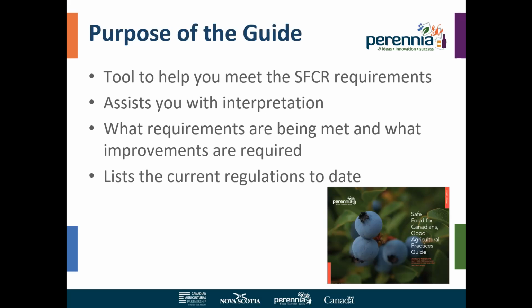So this guide was put in place to help you folks interpret what the requirements are and how to meet those. So what requirements are being met and what improvements are required. So you're now able to take this guide, look at what you're currently doing, and determine whether you're already meeting the requirements or you need to add a little bit more or make improvements to your program. And it lists the current regulations to date.